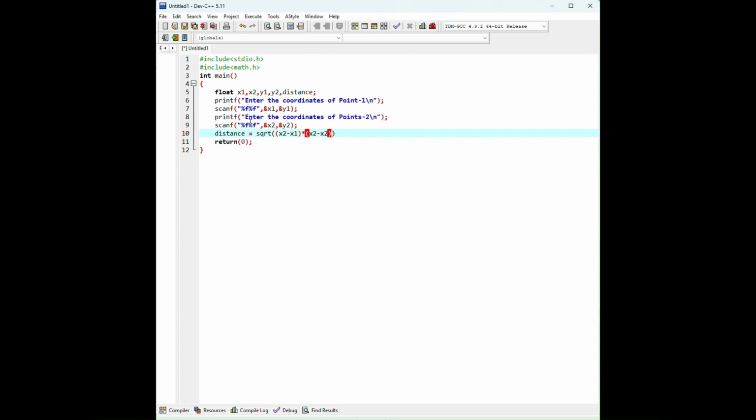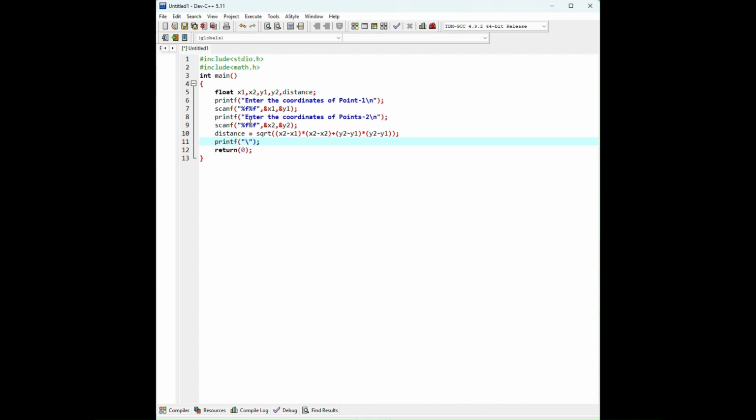Plus y2 minus y1 into y2 minus y1, which yields y2 minus y1 whole square. So square root of x2 minus x1 whole square plus y2 minus y1 whole square. Now the distance is calculated.